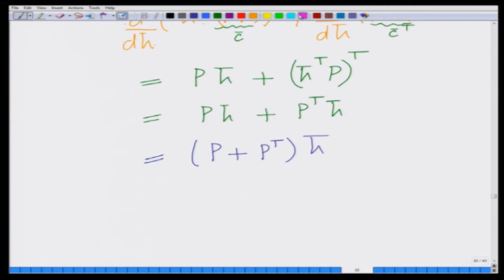But note at this point that matrix P is symmetric, which means P equals P transpose. So, therefore, this is simply 2P times h bar.